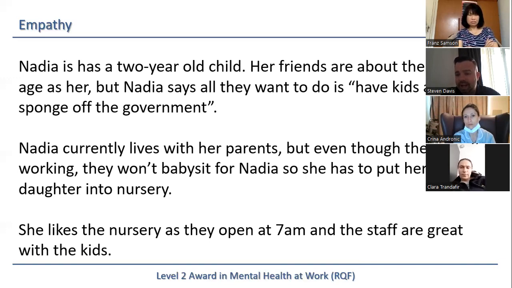It opens at 7 a.m. and that probably helps because of work, doesn't it? So the reality is, just getting her to open up about has she got friends, has she got anybody else, you get a sense of what it's like to live in Nadia's world, and that's where we're trying to go. That empathy bit, isn't it? Then we can do more referring on and describing: have you thought about this? Have you thought about that?